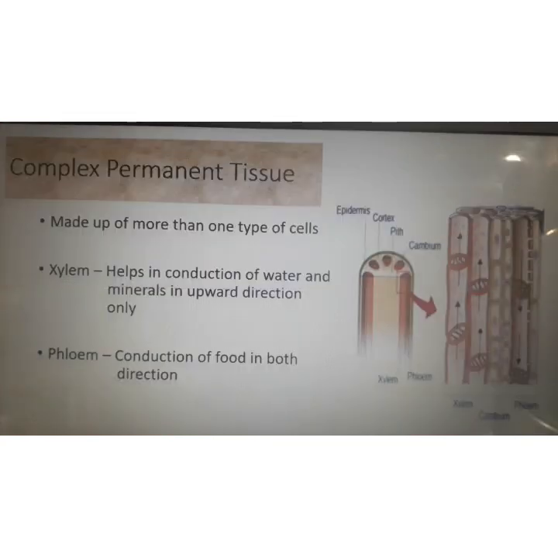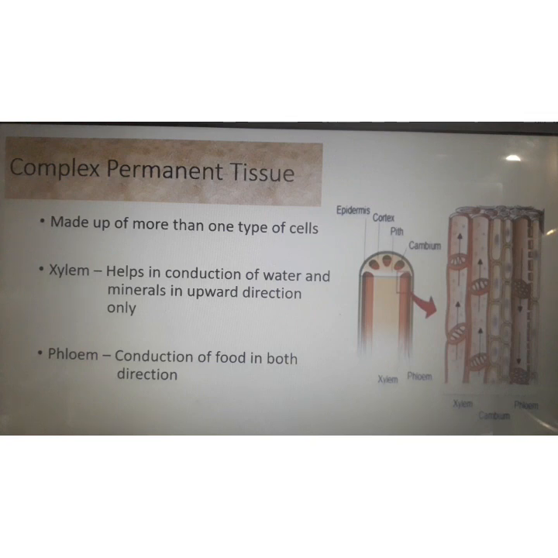Now let's study complex permanent tissues. Unlike simple permanent tissue, complex permanent tissue consists of more than one type of cells. Two types of complex tissues are there, xylem and phloem. Both are conducting tissues and therefore also known as vascular tissues. Together, both of them constitute vascular bundles.